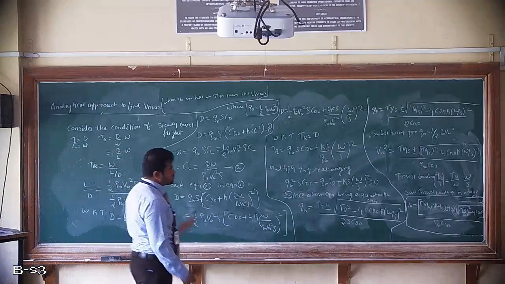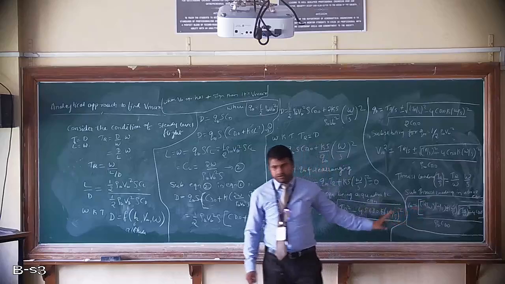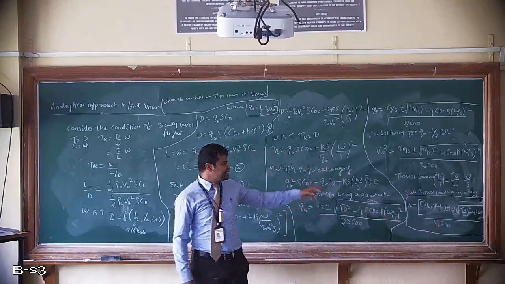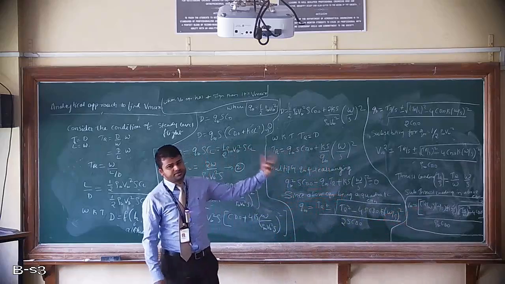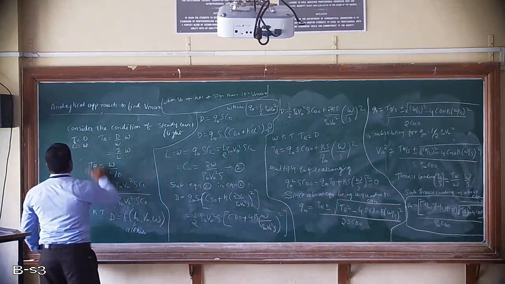Now we have seen that we have got an expression for velocity. If the sign is plus, it is maximum velocity; if the sign is minus, then it is minimum velocity. So now we will go for V stall.